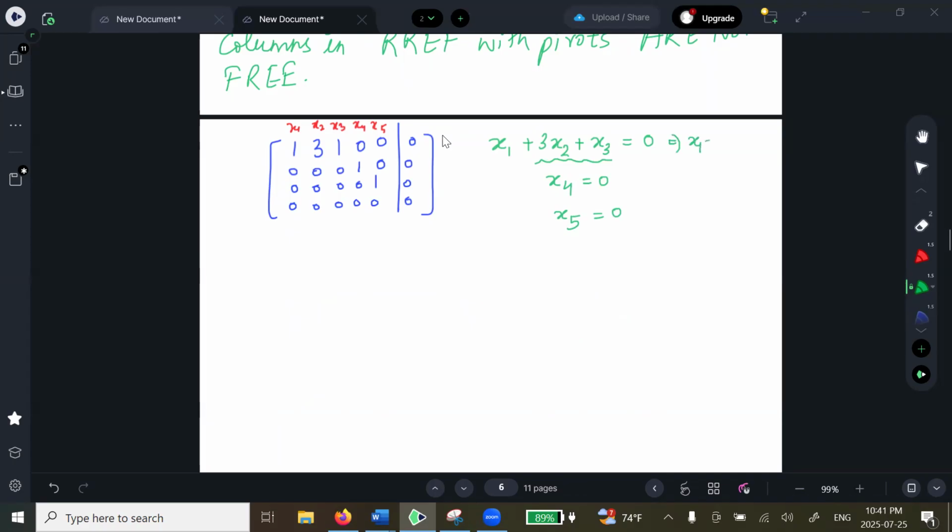This gives me x1 equals negative x3, negative 3x2, right? And I let my parameters x2 be t and x3 be s. So I have x1 is negative 3t, negative s, x2 is just t, x3 is just s.